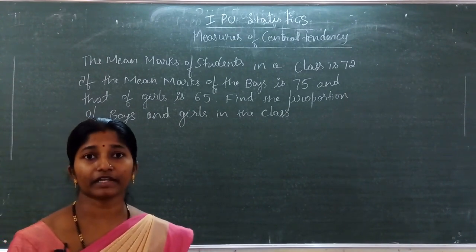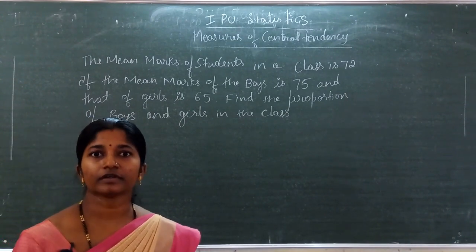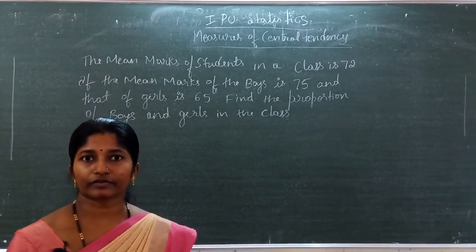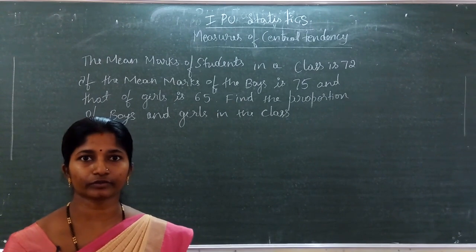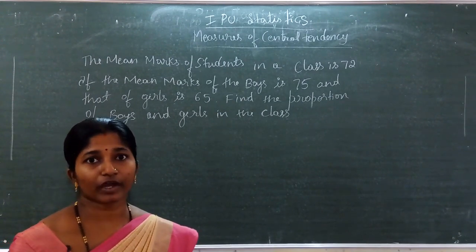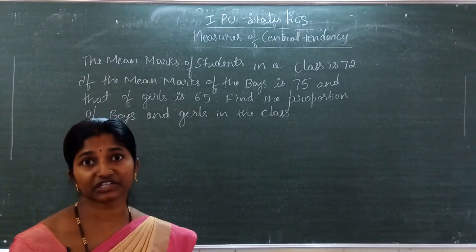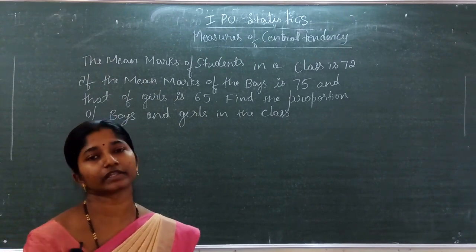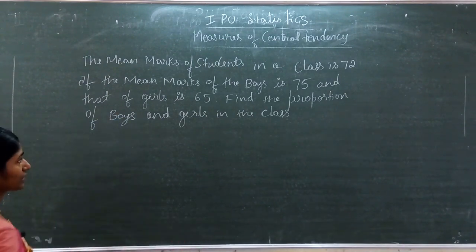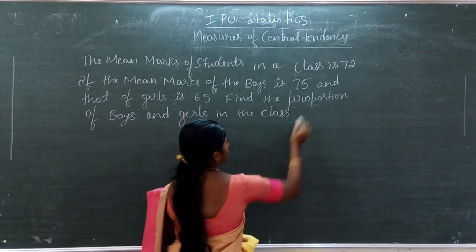In that combined arithmetic mean, we have done finding n1 and n2 and x bar c that way. In the last class we did one problem, that is percentage. Now another problem I have written here, that is proportions. In the question they are giving proportion.